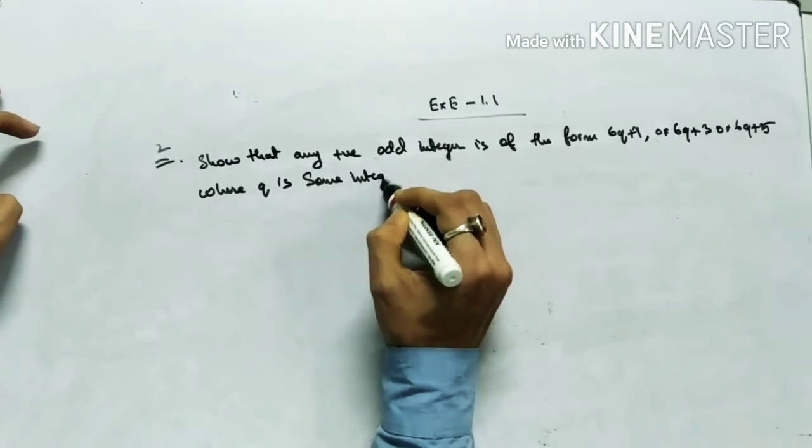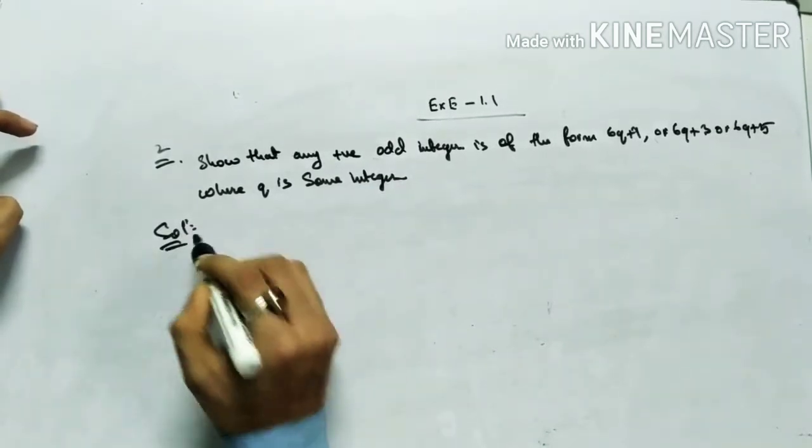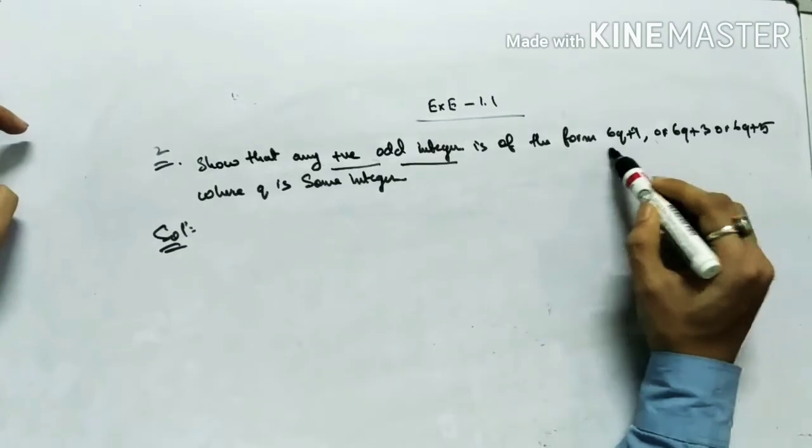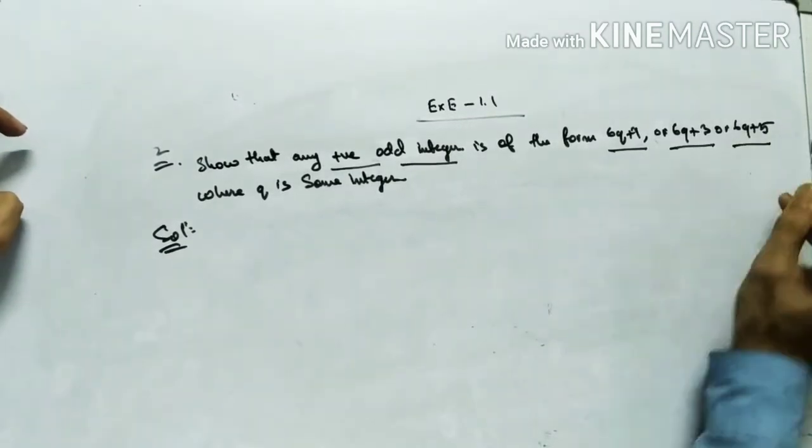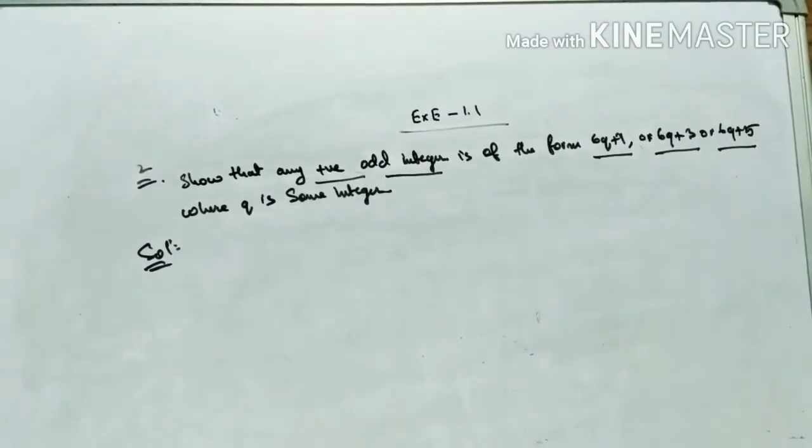So that any positive odd integer is of the form 6q plus 1, 6q plus 3 or 6q plus 5, where q is some integer.